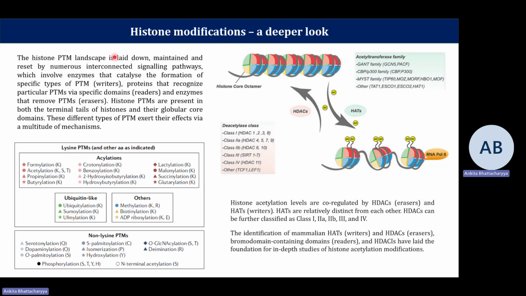Some might be writers, which add a certain modification. Some of them can be readers, which are able to identify the type of epigenetic mark that has been left behind, and some of them can remove PTMs, which are erasers.